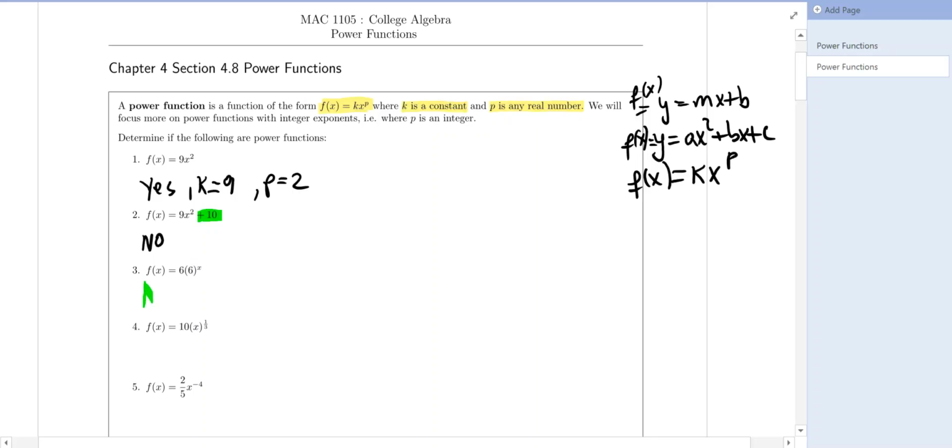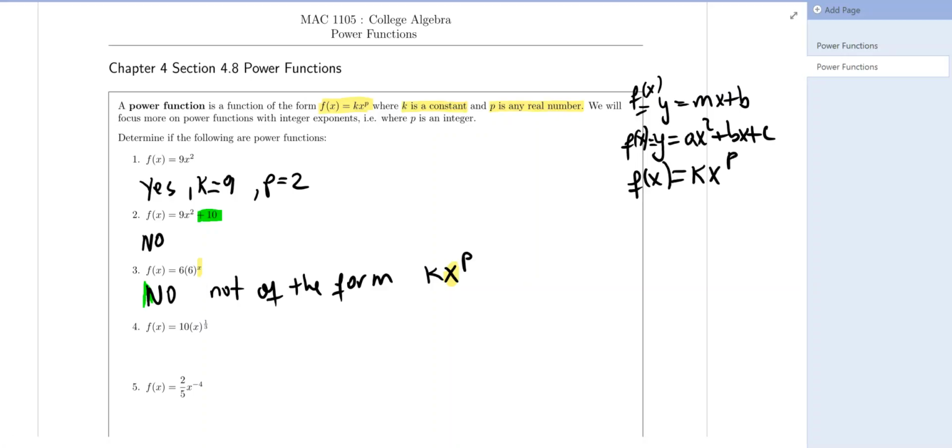No, this is not a power function because it's not of the form k times x to the p. You notice that x, the variable, has to be the base, not the exponent.